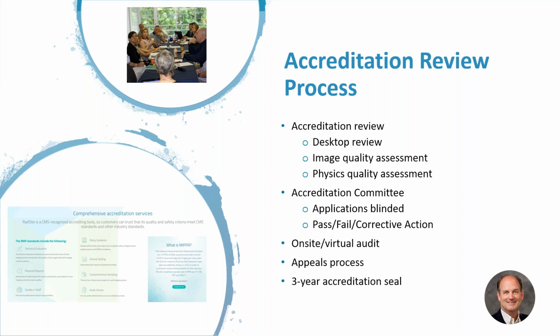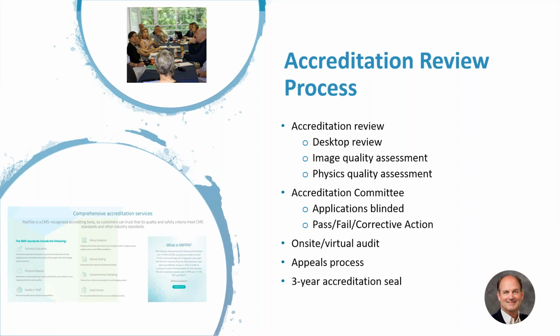Once all the reviews are completed, we then move on to the accreditation committee. And as it says, all the applications are blinded, so the committee does not know who they are reviewing, based off of the recommendations of the 3 reviewers. As you can see, we have a pass, fail, and a corrective action.